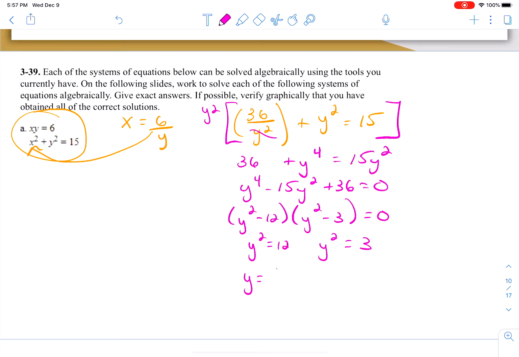So y is equal to plus or minus the square root of 12, or y is equal to plus or minus the square root of 3. Simplifying my radical, y is equal to plus or minus 2 times the square root of 3.